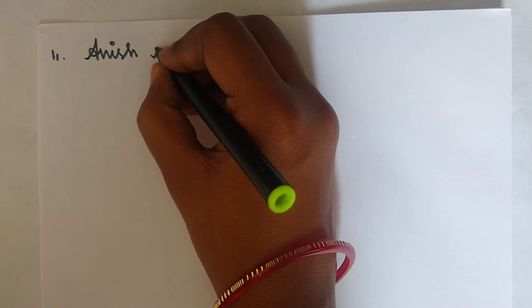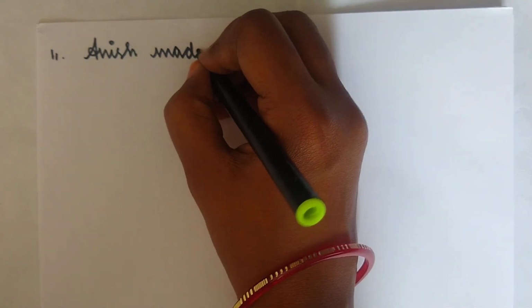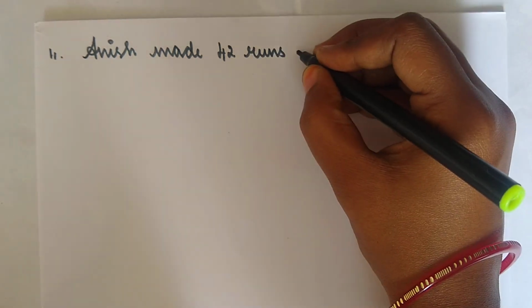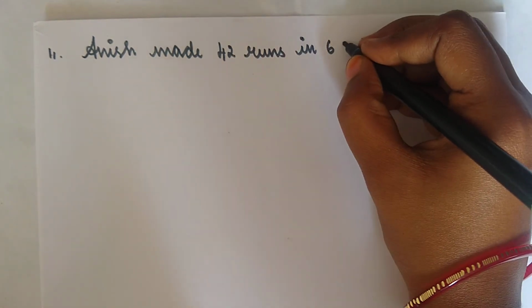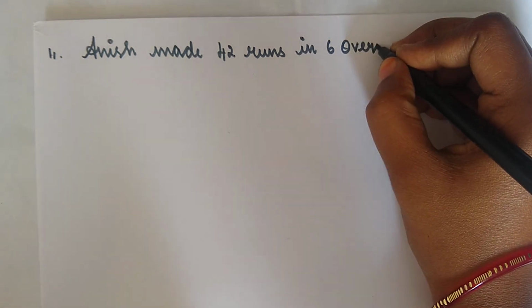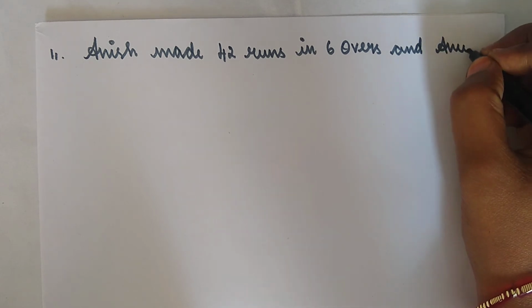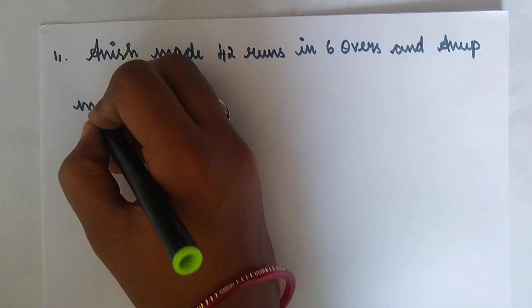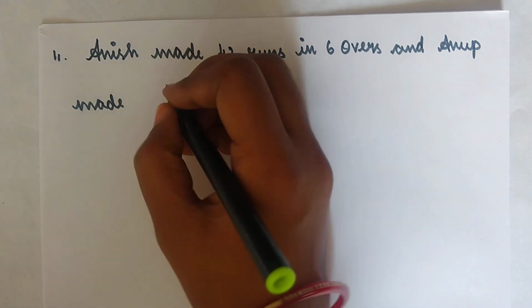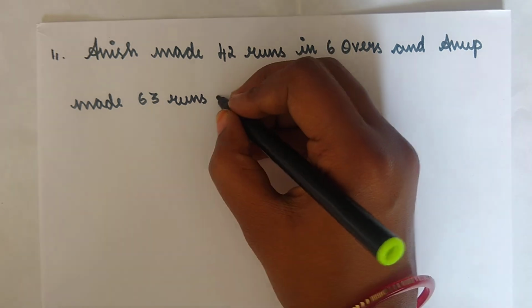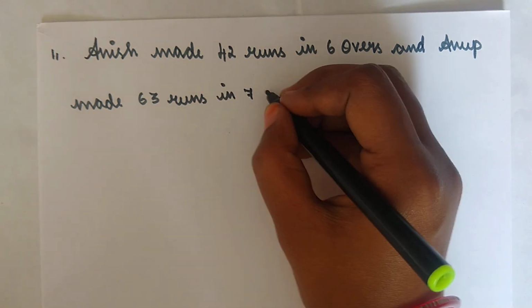Next we have to take question number 11. Anish made 42 runs in 6 overs and Anup made 63 runs in 7 overs.